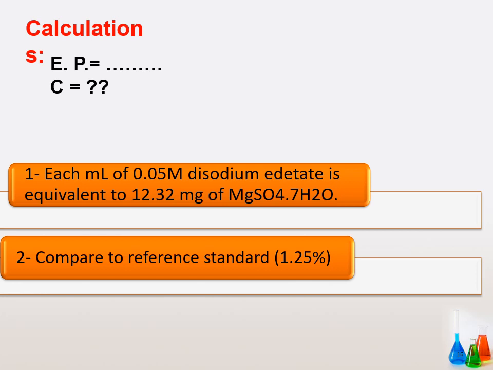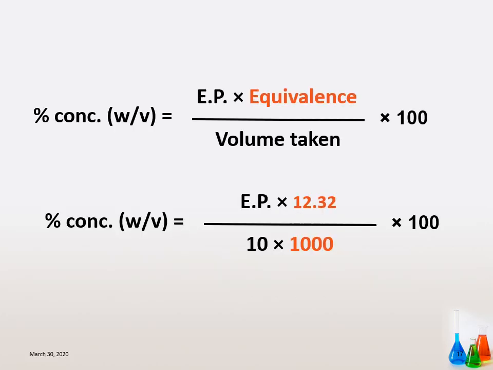And then we will calculate the concentration, and the concentration which we obtain will be compared to the reference standard concentration, which is 1.25 gram %. Equation of the percent concentration: equals the endpoint multiplied by the equivalence multiplied by 100 over the volume taken.